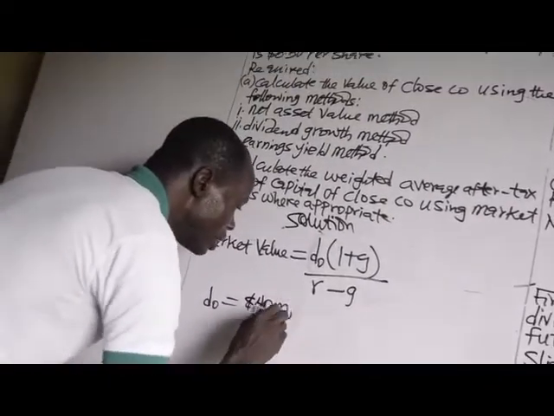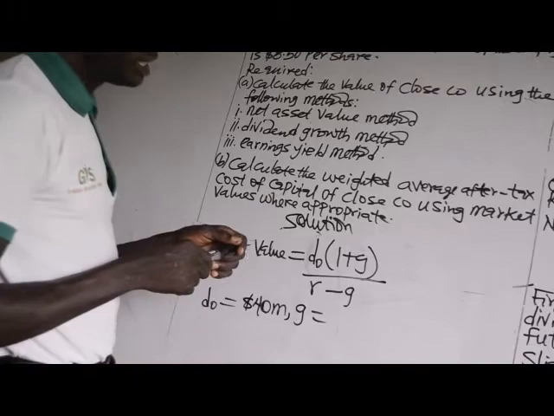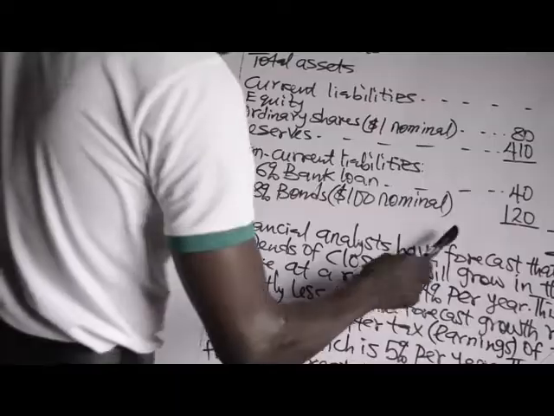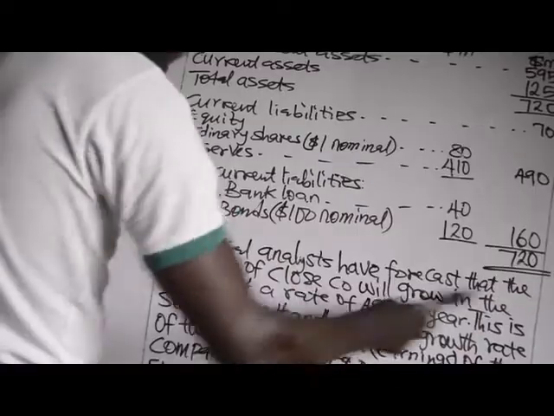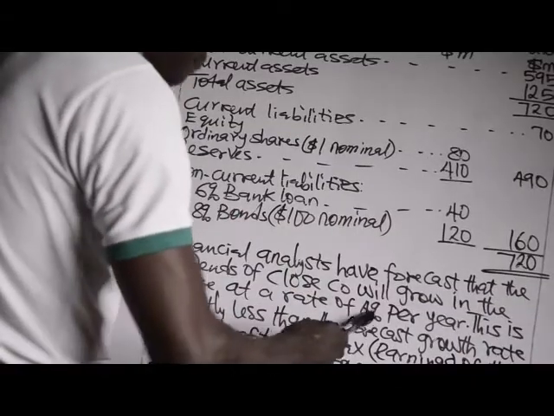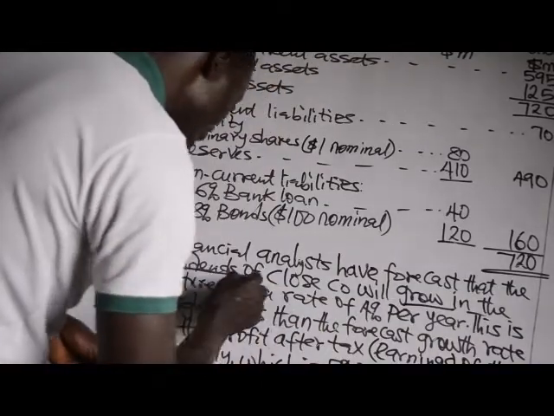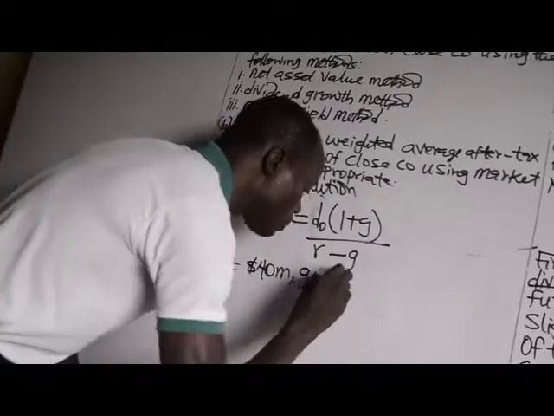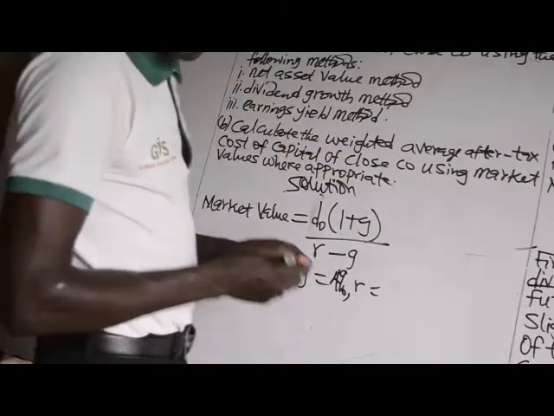The growth rate is the growth rate in dividend. We were told that financial analysts have forecast that the dividends of Closco will grow in the future at a rate of 4% per year. So our G is 4%. And what is the cost of equity? R represents the cost of equity. Let's read further.